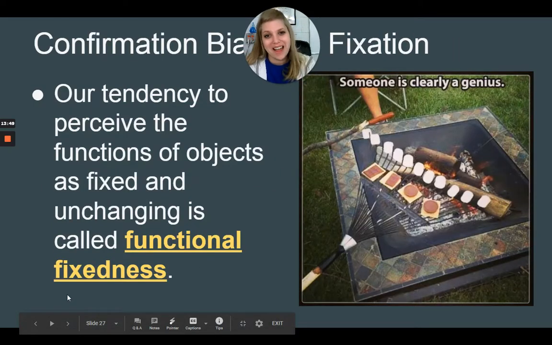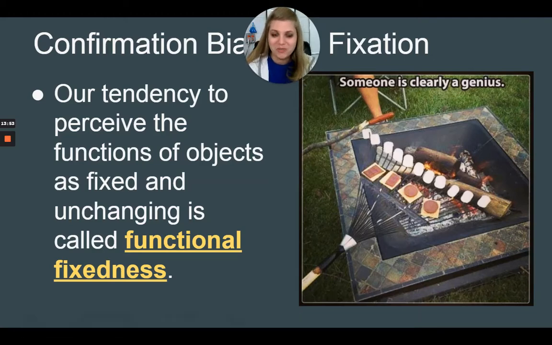One of my favorite concepts in all of this is something known as functional fixedness. Functional fixedness is where I see objects, tools especially, as unchanging. The tool is what it is, and I can't see it as anything besides what that tool might be.